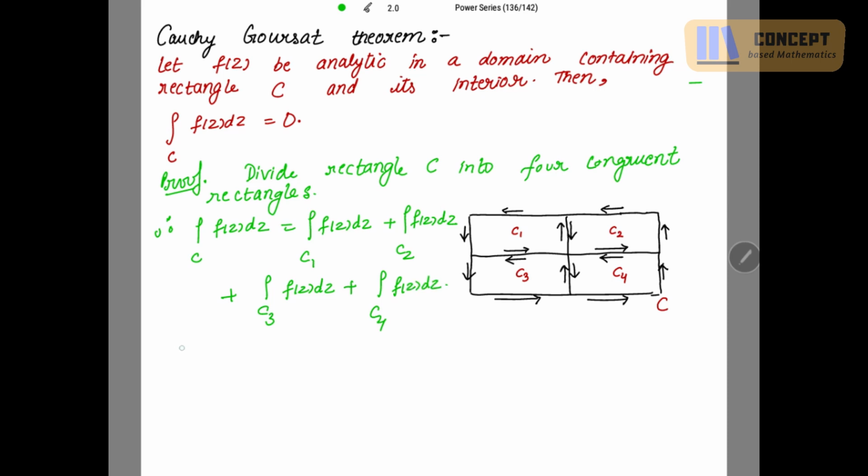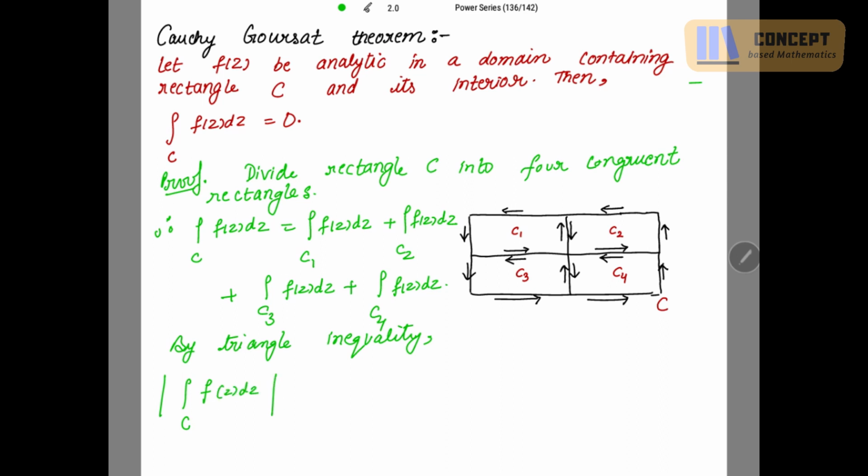So by the triangle inequality, let's take the mod of the integral over C of f(z) dz.